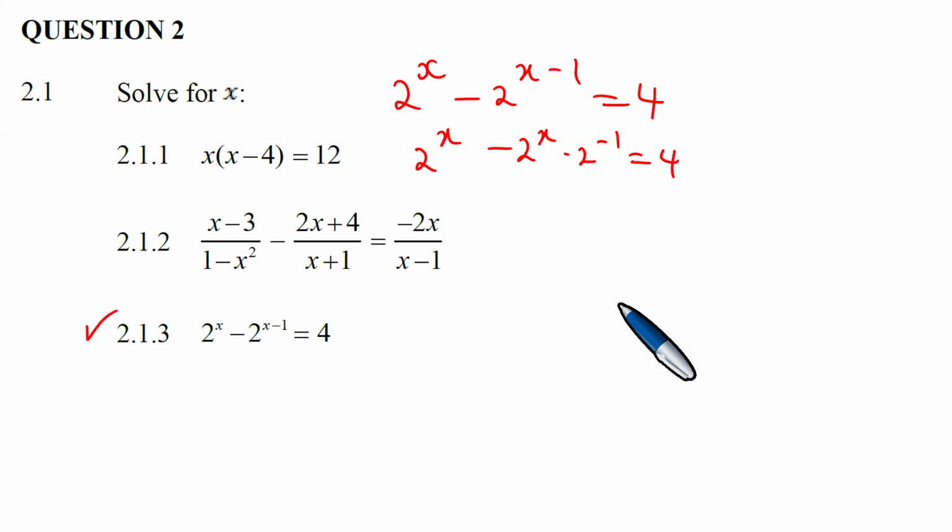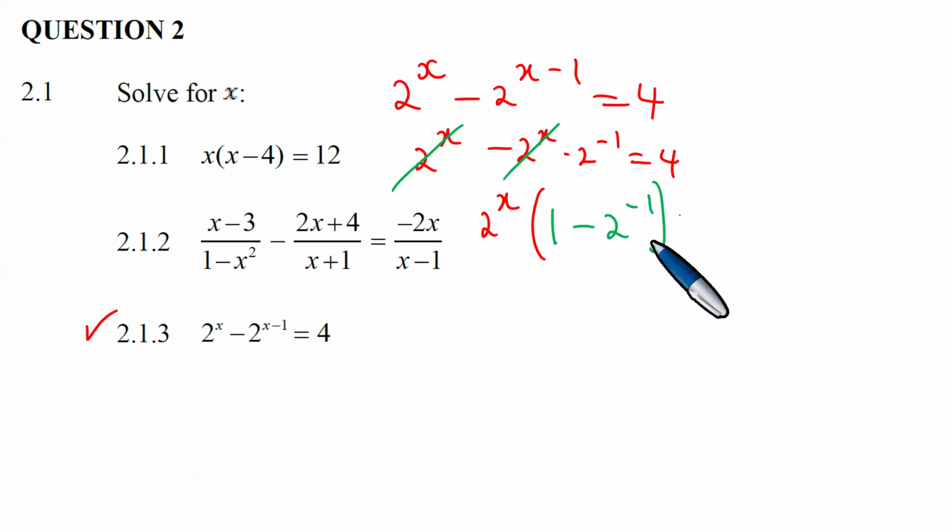It's 2 to the power x, right? And then if 2 to the power x is a common factor, and we pull it out, we can cross it out like this. Then you're left with what? You're left with this. You get the point?